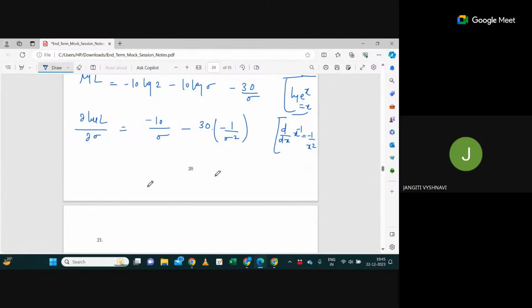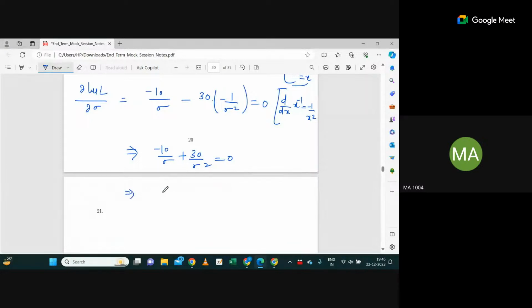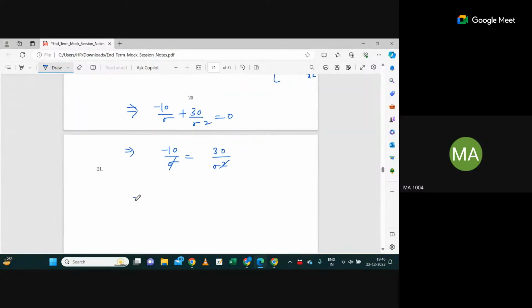So next step, I have to equate this to 0. It will be minus 10 by sigma plus 30 by sigma square equal to 0. So minus 10 by sigma equals minus 30 by sigma square, where one sigma gets cancelled. We made a mistake: if you equate to 0, it will be positive.